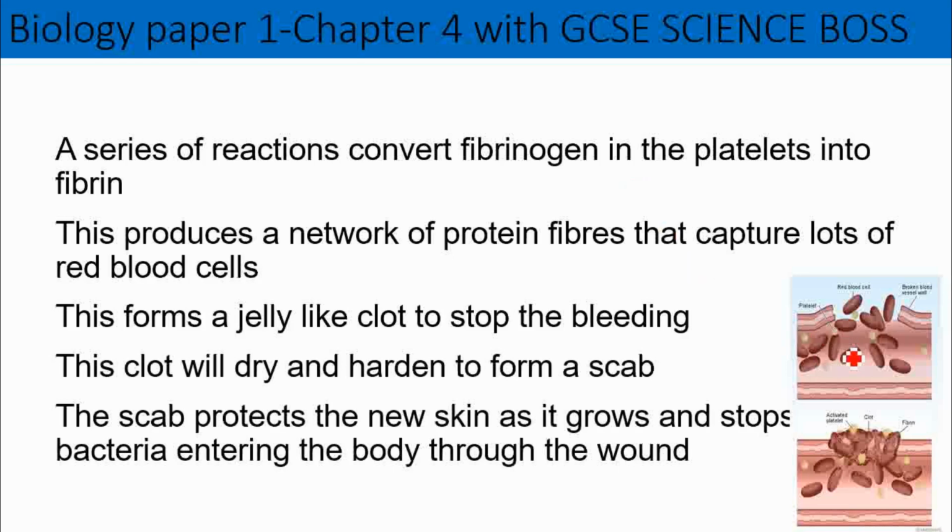It produces a network of protein fibers which captures a lot of the red blood cells. After it captures them, it stops the bleeding by forming some sort of jelly. This clot will then dry and harden. And that is that insoluble bit there. The fibrin is insoluble, and that clot will stop bacteria from entering the body.